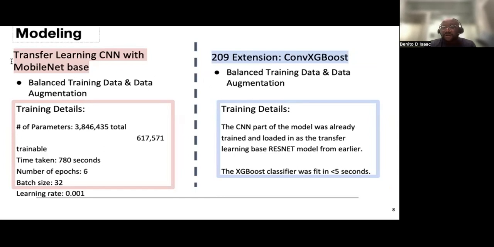So the conv-XGB, in terms of architecture, consists of a stack of convolutional layers, and that has XGBoost as the final layer. The idea is to reduce the number of parameters in order to deal with a problem of overfitting that we kept having during the training process.